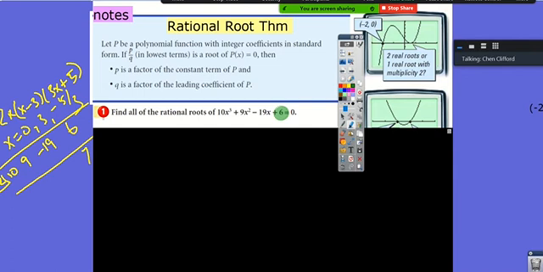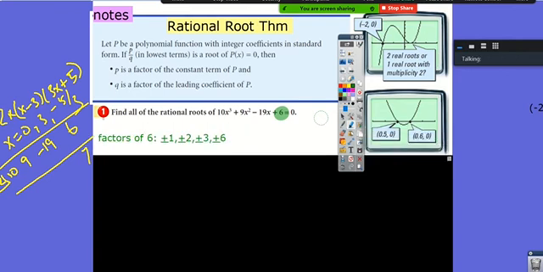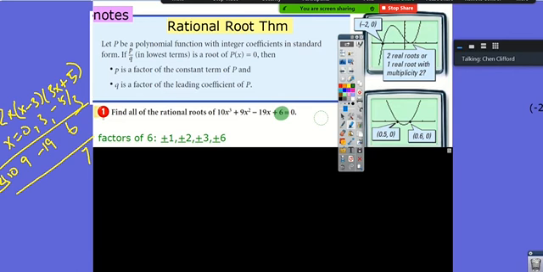The last number is the one you pay attention to first, and you think about all the factors of 6. The factors of 6, that's a fancy way of saying what numbers can be divided into 6. The answer is 1, 2, 3, 6. And there are positives and negatives of it.